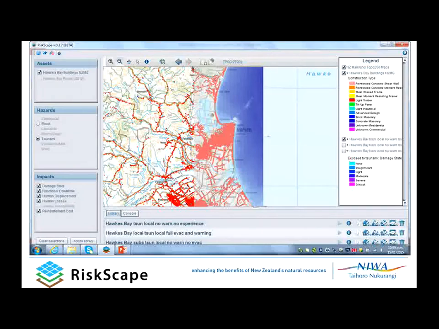And we want to include other things as well. But as researchers, as scientists based in Wellington, that's not really our job. It's not our job to say, oh, I think people really want to know about this. This is where we have to engage with local authorities and users of the tool. So we need to ask them, what do you need as a result from this? Is it actually number of people killed, or is it something quite different?